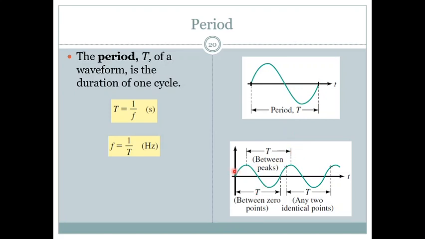So it can be from this zero crossing to the next zero crossing, or as you can see here, from this point to the same next point, even from peak to peak, positive peak to peak, negative peak to peak, or any point to the very next similar point. So that's the period.